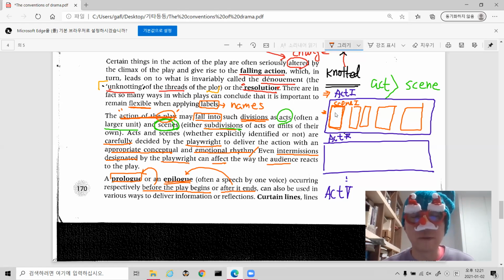I guess you guys are already familiar with the concept of prologue and epilogue. With so many different media and YouTube, you can see the prologue and epilogue of a drama or movie, right? So it's also a part. A prologue and epilogue is a way to deliver information or reflections.